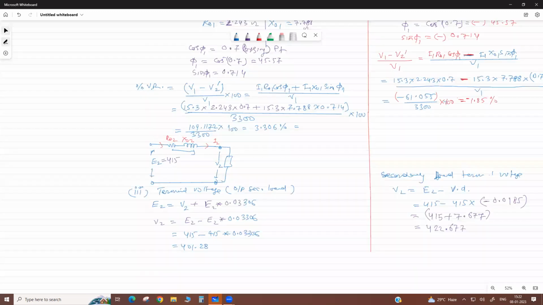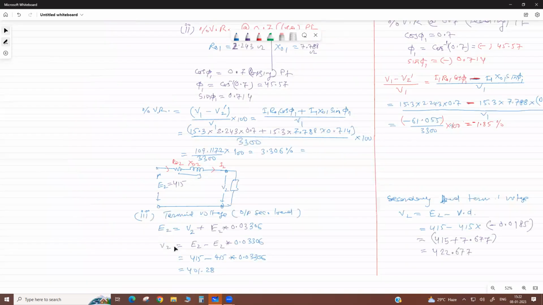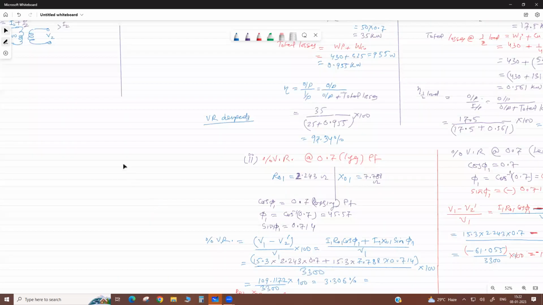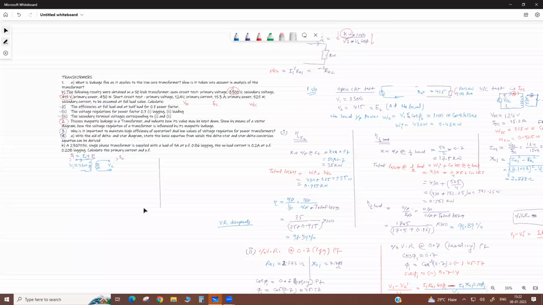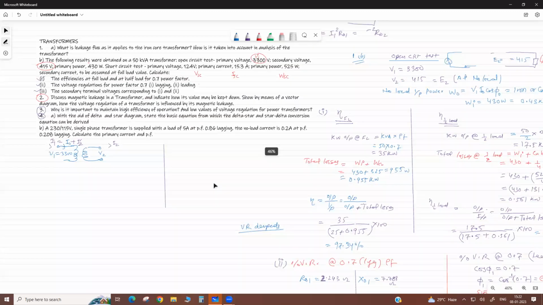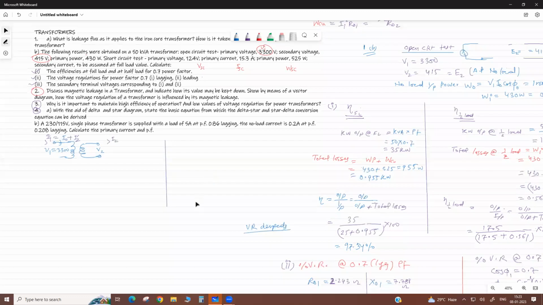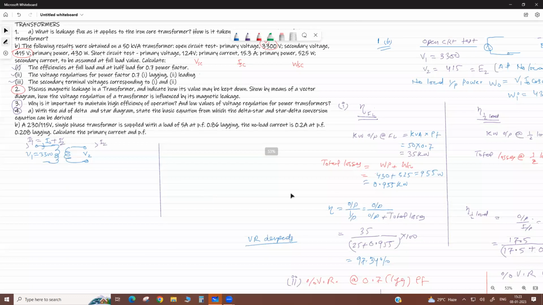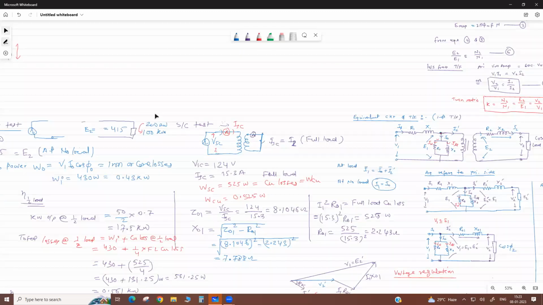Okay, now any other question you want to discuss in transformer? Yes, please. Otherwise we move to the next chapter. Any question or doubt in transformer, please.